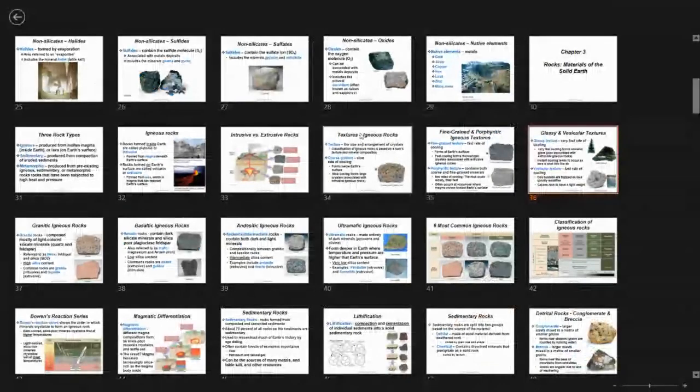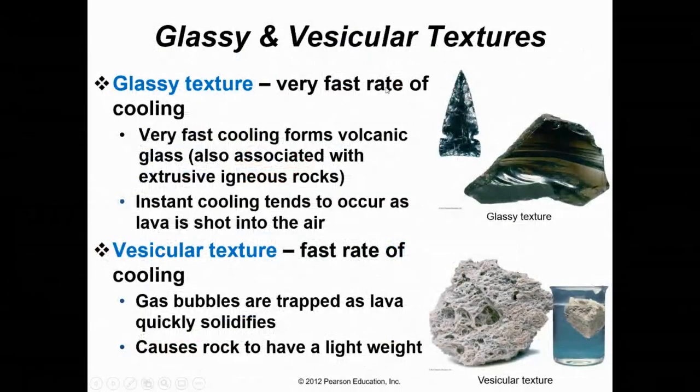It's just very fine sized. So it's so fine in size that you can see right through it because obviously it's glassy. Okay, so very quick rate of cooling. Okay, and the air plays a large role with that. The air cooling it down very quickly.